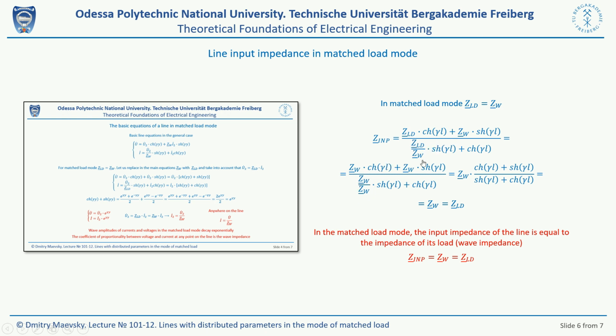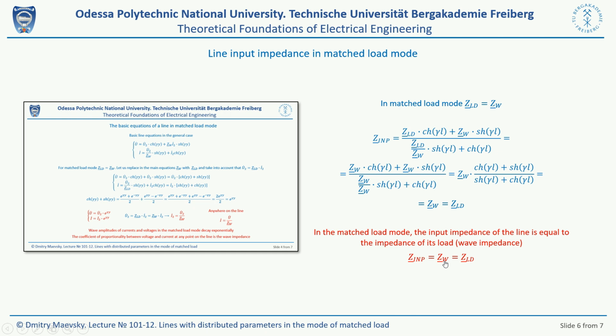And as a result, we get that in the matched load mode, the input impedance of the line is equal to the impedance that is connected at its end, and that is the load impedance. Or we can say that in the mode of a matched load, the input impedance of a line is equal to its wave impedance.